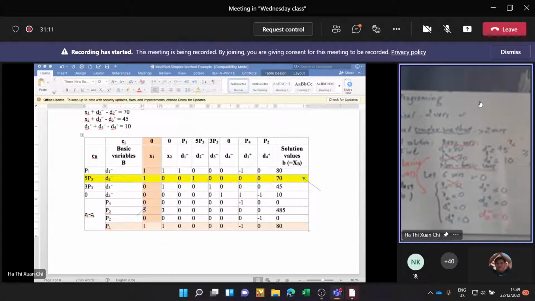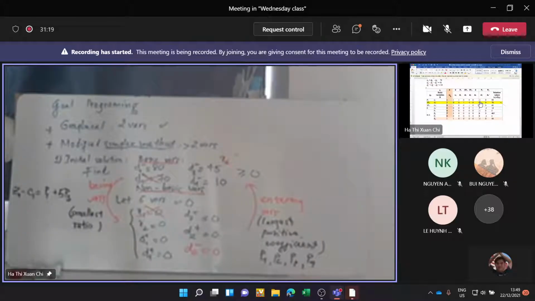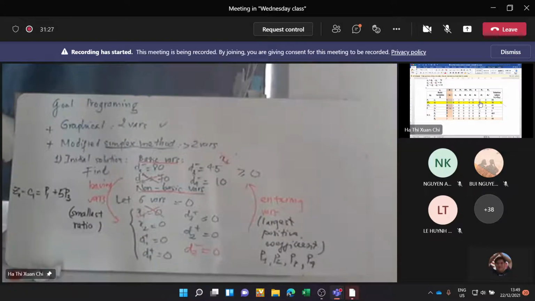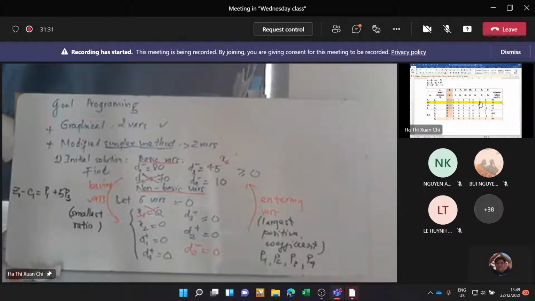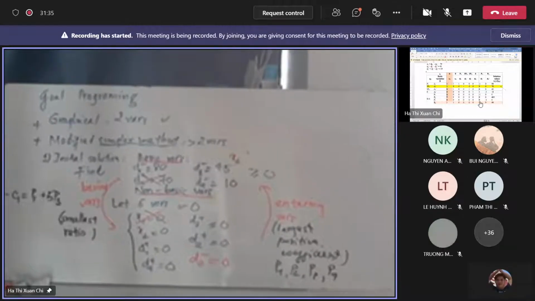What is the difference between the pivot column and the rest, teacher? The pivot column means x1, that is the entering variable, right? So the column of x1 we call the pivot column because x1 is entering. The others are not entering variables.